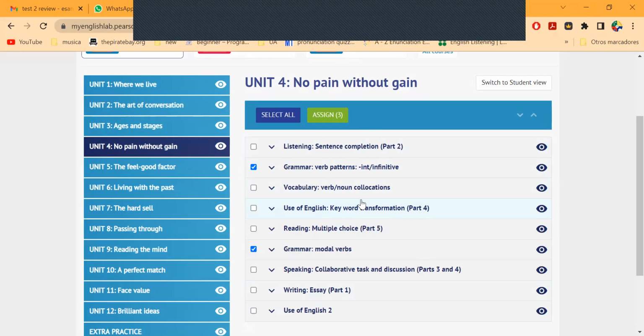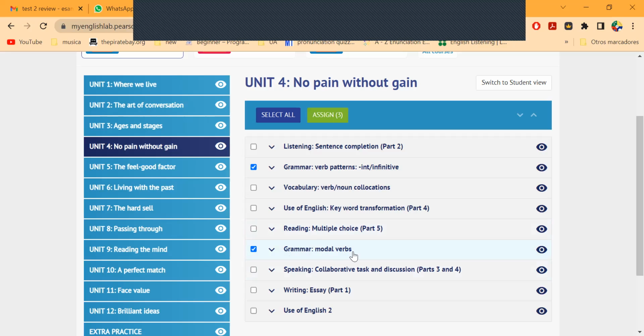We're going to do other exercises that I found, mainly from the excellent Test English webpage that I introduced to you some time ago, and I recommend also using.